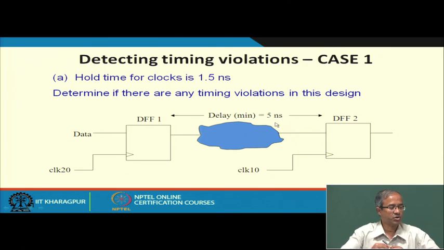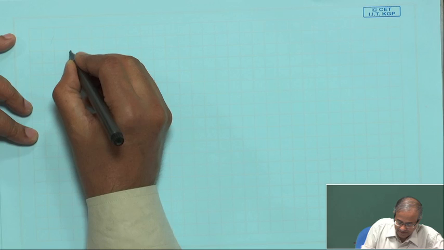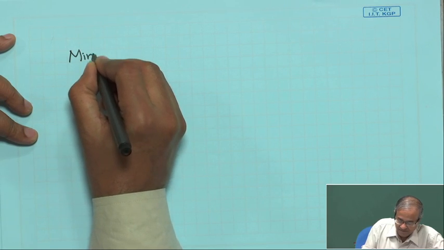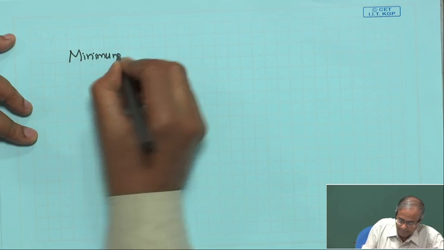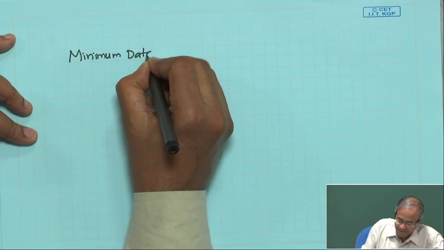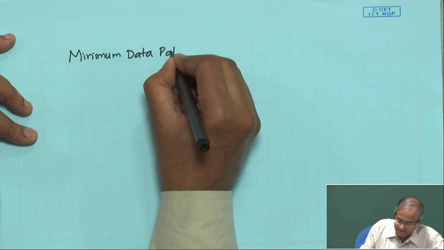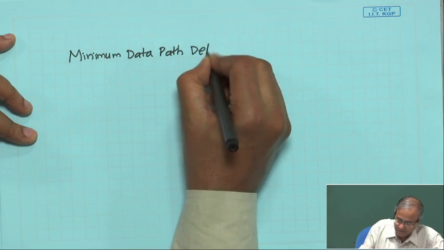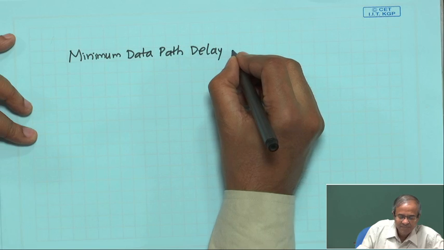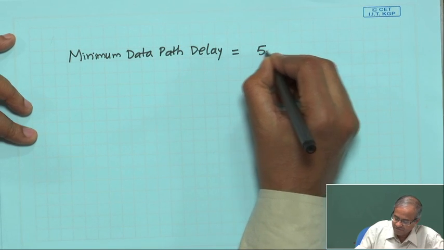So, here let us work out. So, the first thing is that let us say the minimum data path delay in this case is 5 nanoseconds.